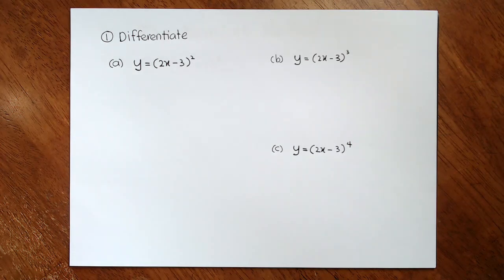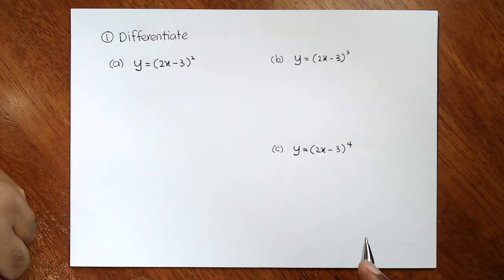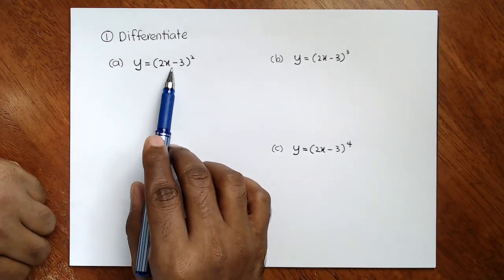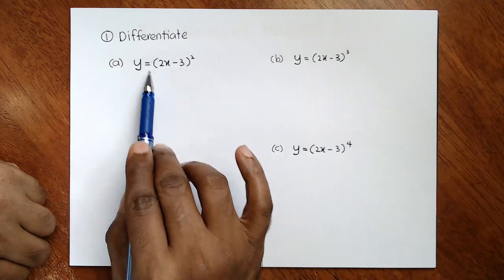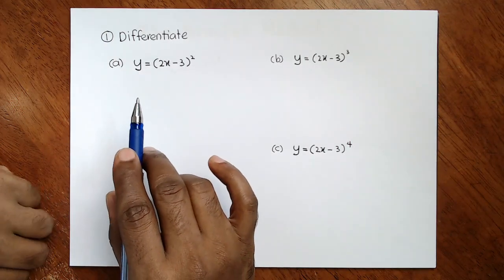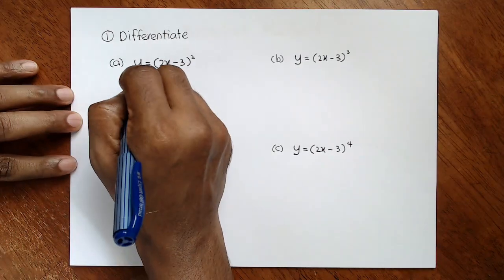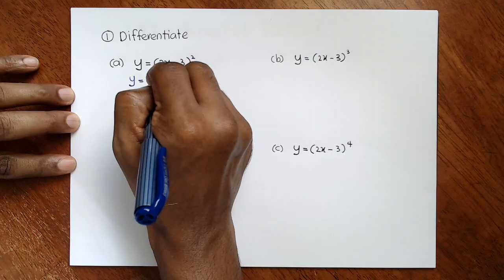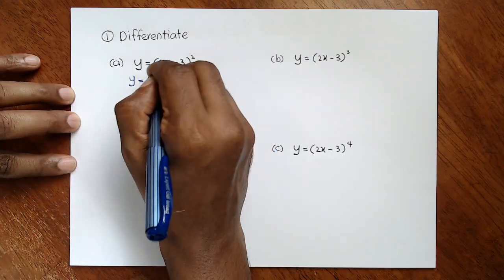And we're gonna look at a new method here in this video. Right, you see, when we have y equals to (2x minus 3) squared, how do you differentiate this? I mean, we can expand this, of course, right? So y will be equals to 4x squared minus 12x plus 9, right?